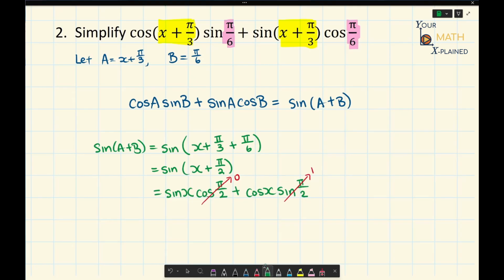So then the first term is going to be sine x times 0, which is just going to be 0. And then the second term is going to be cos x times 1, which means we just end up with cos x. So now this entire complicated looking expression actually just simplifies to cosine of x.